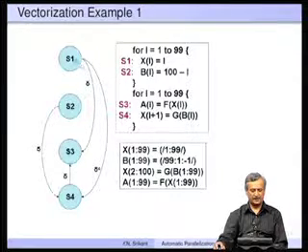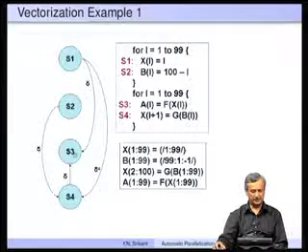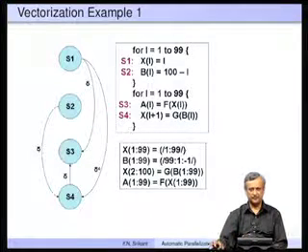S1, S2, S3, S4 correspond to the 4 statements S1, S2, S3, S4. This shows that there is a dependence from S1 to S3. Let us understand it. This is S1, this is S3. S1 says x[i] equal to I. That means x1 equal to 1, x2 equal to 2, x3 equal to 3, etc. There is some initialization which has happened.